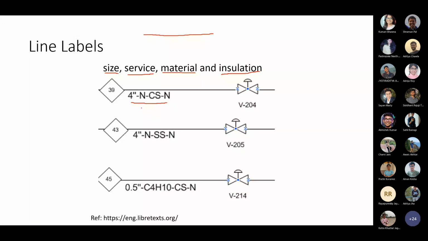You'll be able to see this line labeling on the pipelines in the industry, and you can see the same thing in the P&ID diagram also. Since we are putting a lot of information in each and every minute detail, the P&ID diagram is not open to outsiders. It's only for the people who work in that industry.